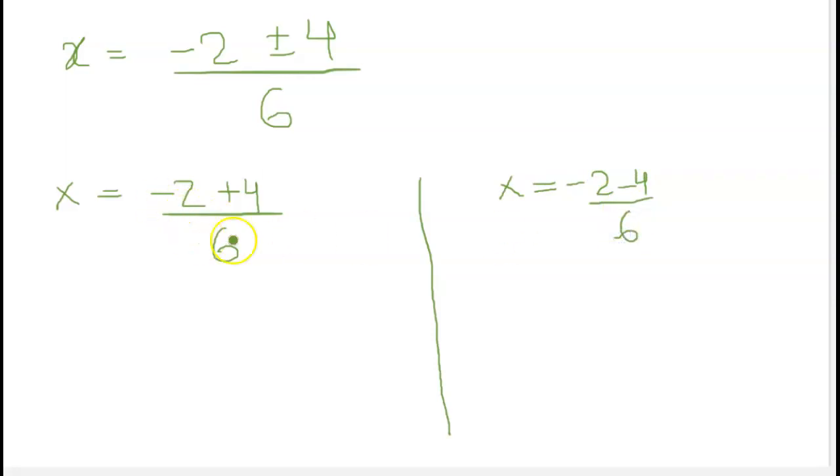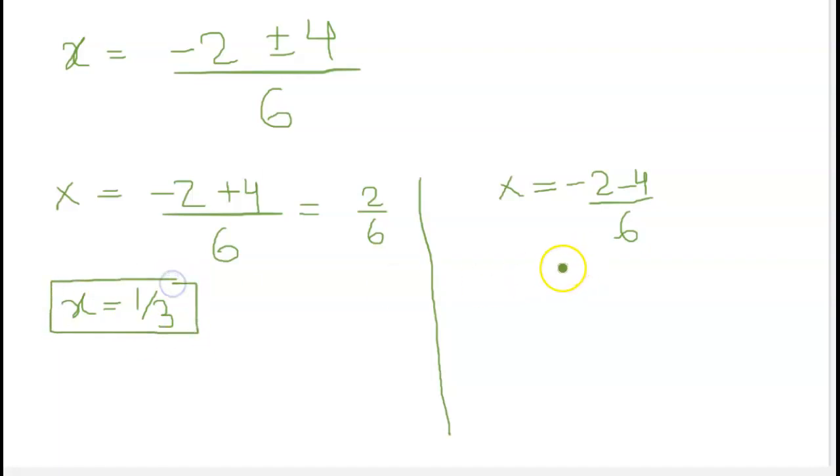So minus 2 plus 4 gives me 2 over 6, which means the x is 1 over 3. If x is 1 over 3, I need to find the y, but let's find the other x. Now here, it's going to be minus 8 over 6. If I simplify that one, that will give me x equals minus 4 over 3.